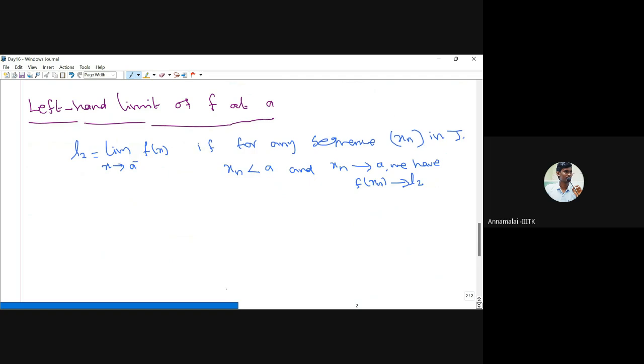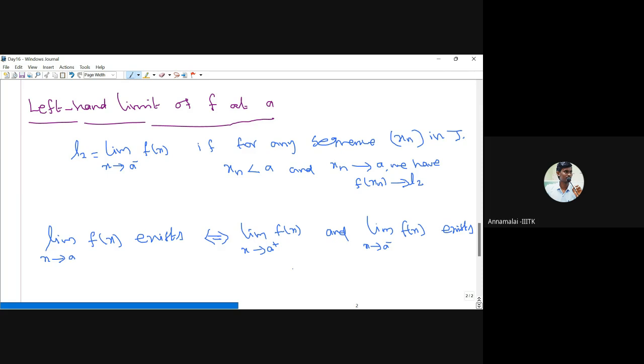If both the limits exist, then we say the limit exists. When we say the limit as x tends to A of f of x exists, if and only if both the right hand limit and the left hand limit exist, that is the limit as x tends to A plus of f of x and the limit as x tends to A minus of f of x exist, and both values should be equal.